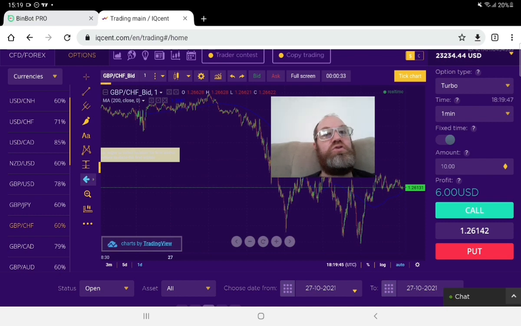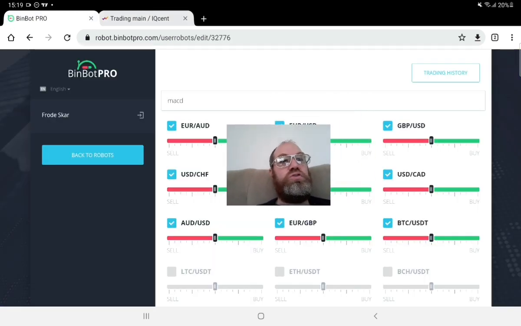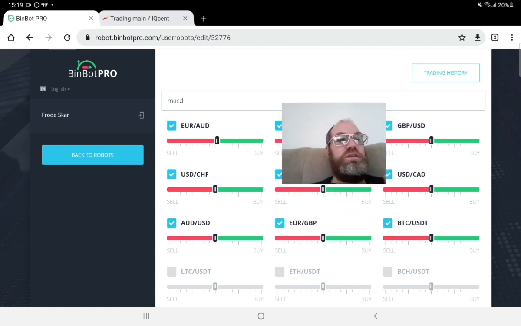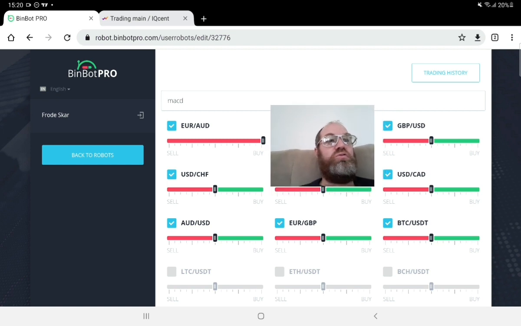So then you just go to the bot here, and you just move this back forward according to what you see there. So that if you are below, then you only do sell, right? So this is something you can do. Actually, I think for sell you will just turn this one to the right side, then you only do sell.